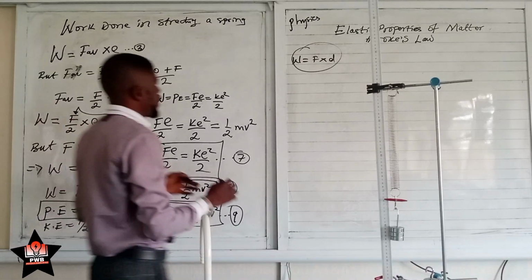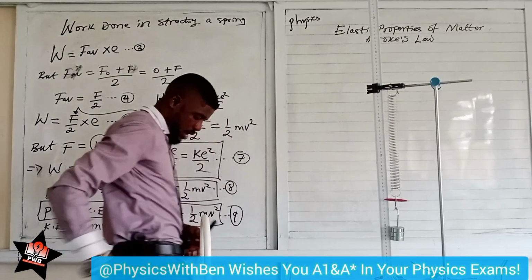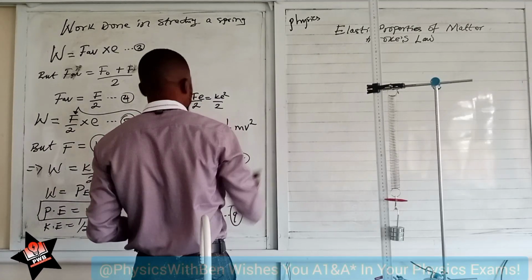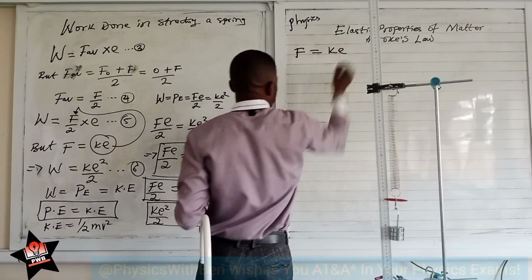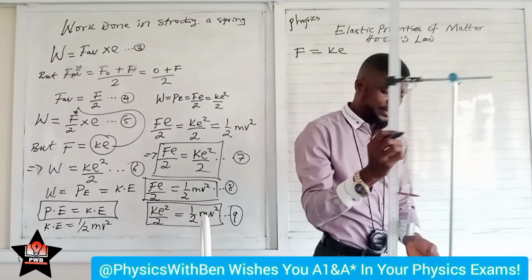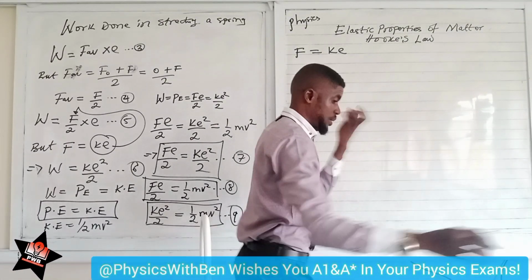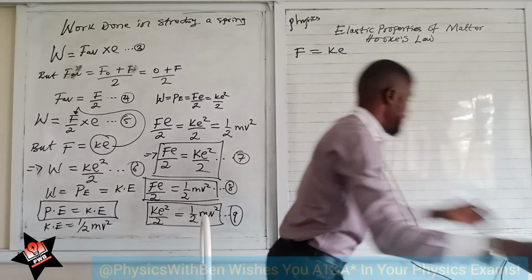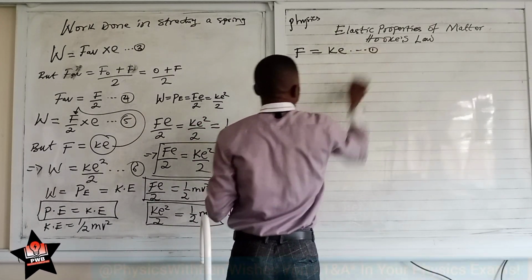In summary, let's write these equations so I don't forget them. They are very, very important equations. We have the first one as F is equal to Ke. F is Ke, that's equation number 1.